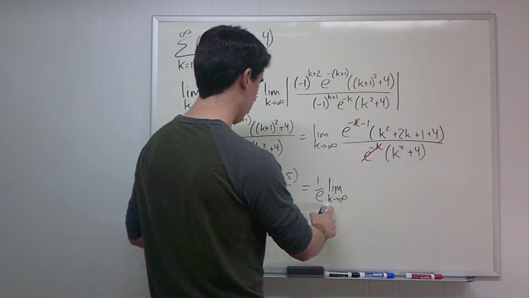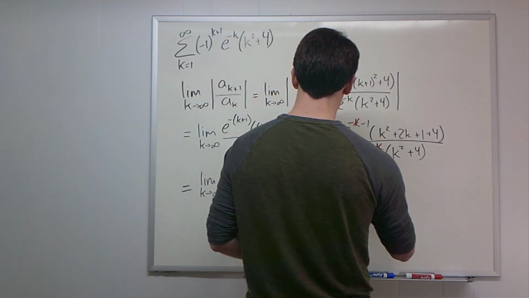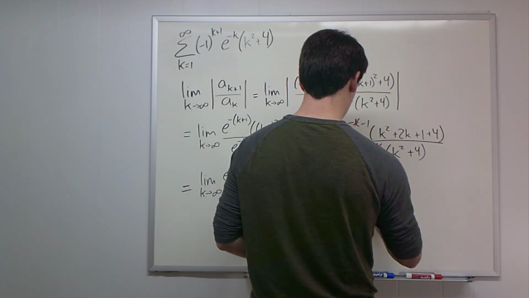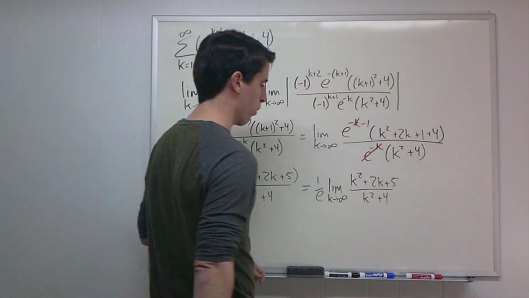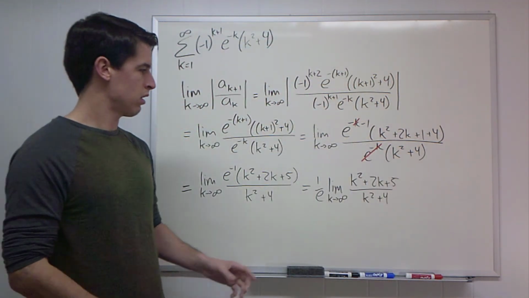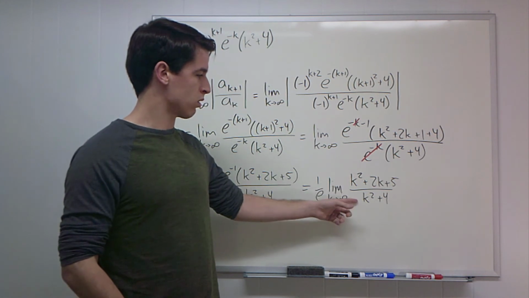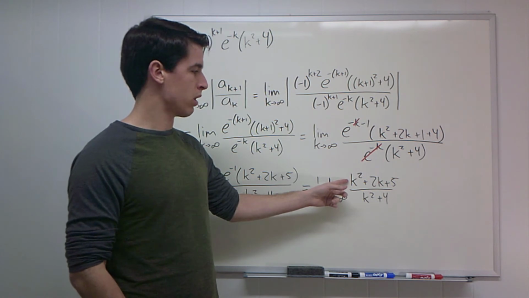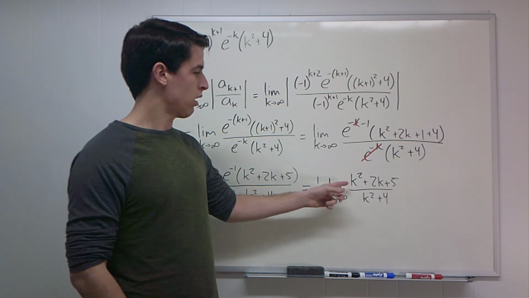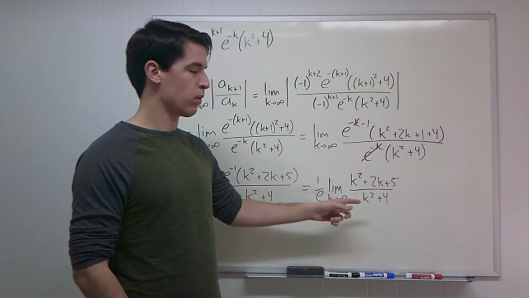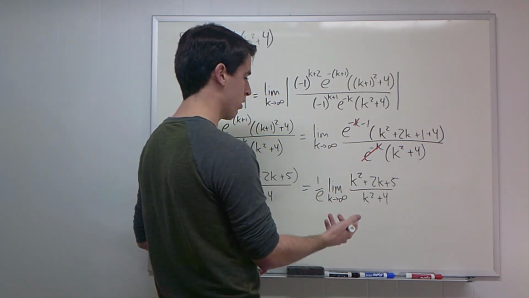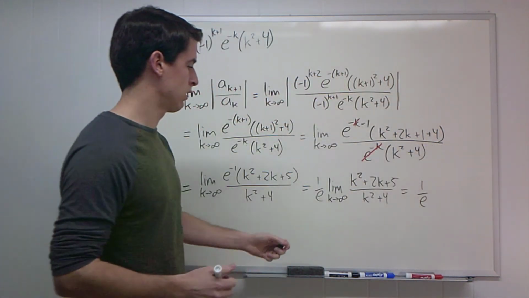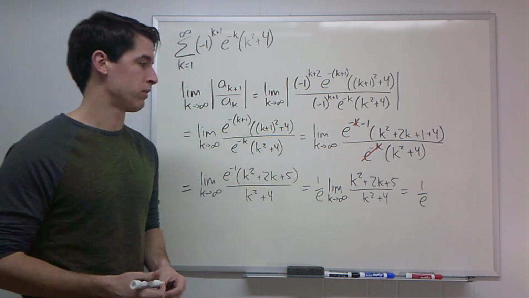Times the limit as k goes to infinity of (k^2 + 2k + 5) over (k^2 + 4), a degree 2 polynomial in the numerator and in the denominator, and both of my coefficients on k^2 is just 1. So this limit is 1 over 1, which is 1. And so I just get 1 over e, because I have 1 over e times the limit.